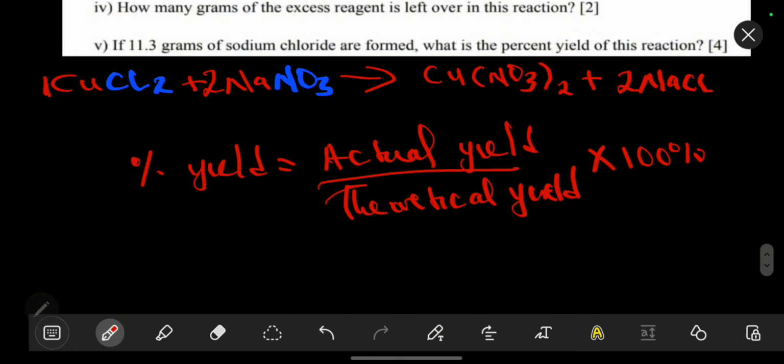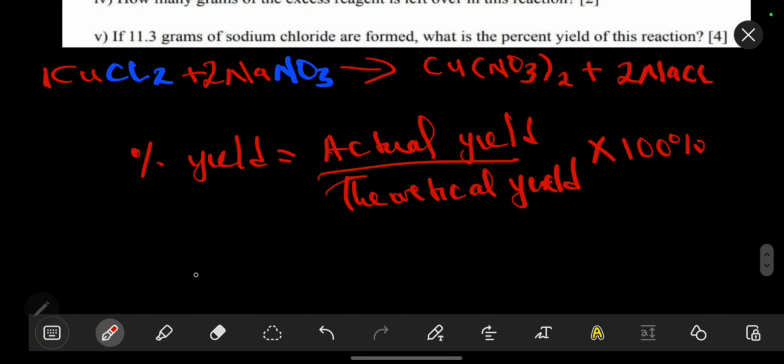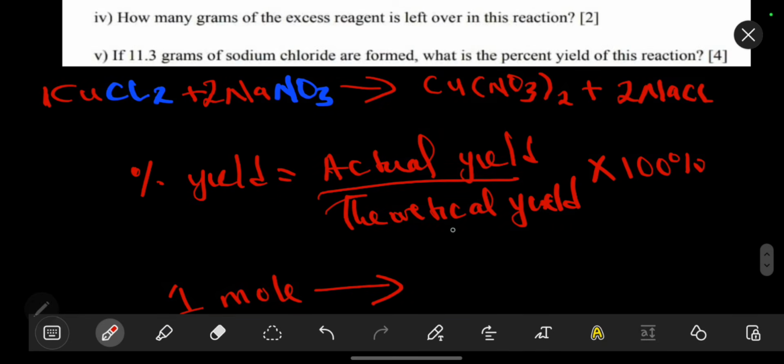So according to the equation, let's find out how much mass we are expected to have. So we are going to say, if we have one mole, we expect to produce 2 moles of sodium chloride. So we said 2 moles of sodium chloride, like that.